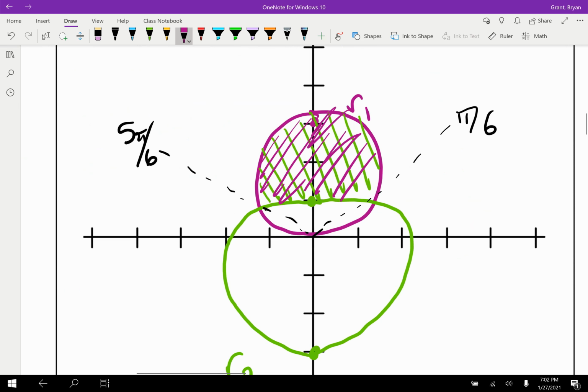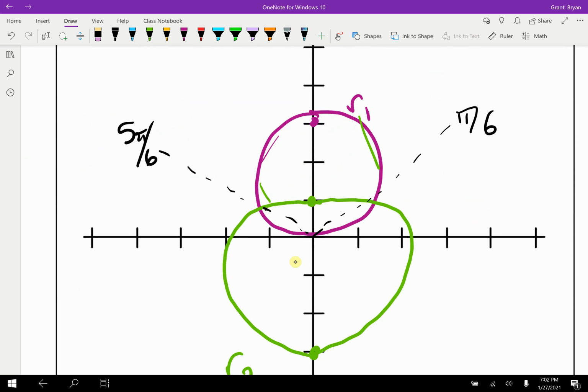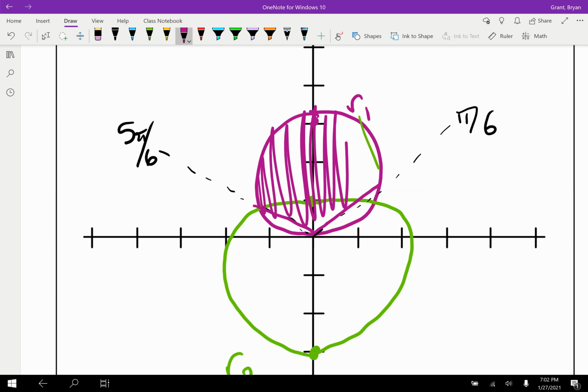Visually, what is that? Well, I'm going to erase all this so we can get a better idea of visually what's happening here. That would be, and I'm going to do my best to shade all of this in here, all of this, certainly including this part down here that we don't want, but that would find everything because it's between those 2 points.